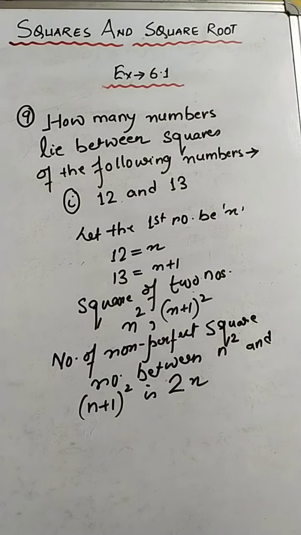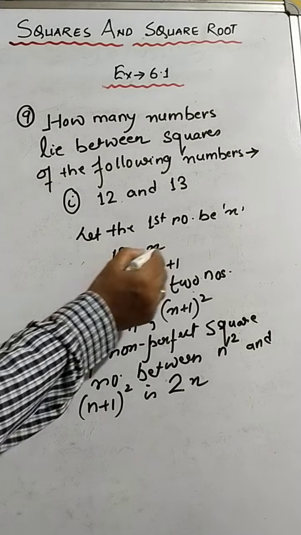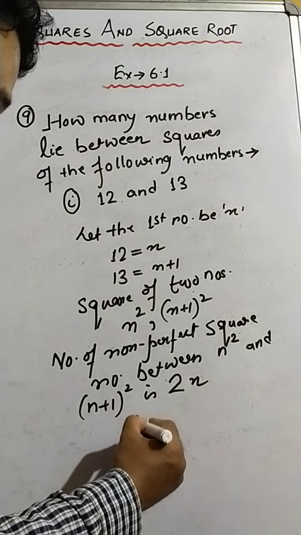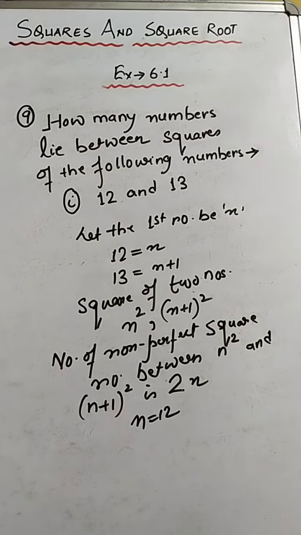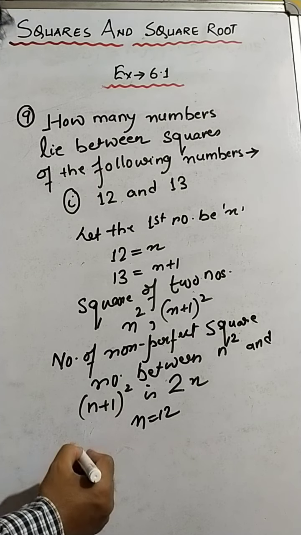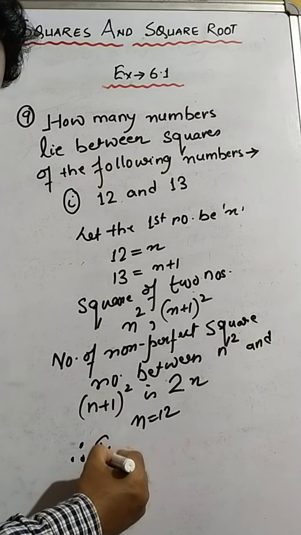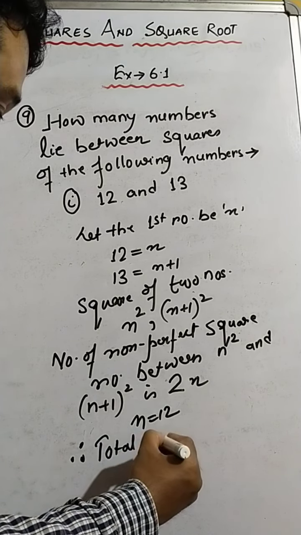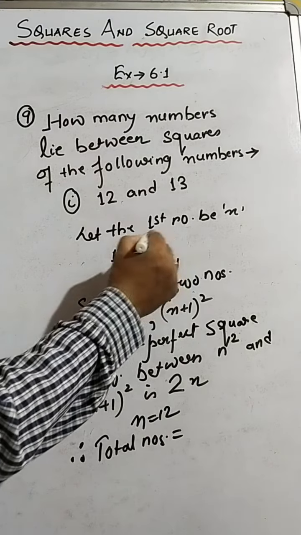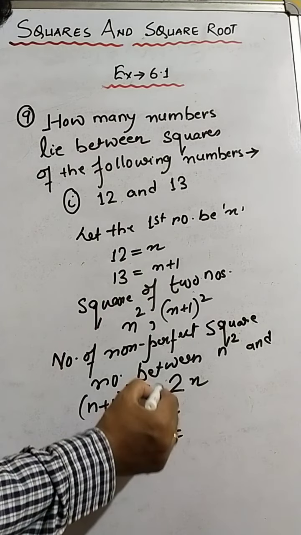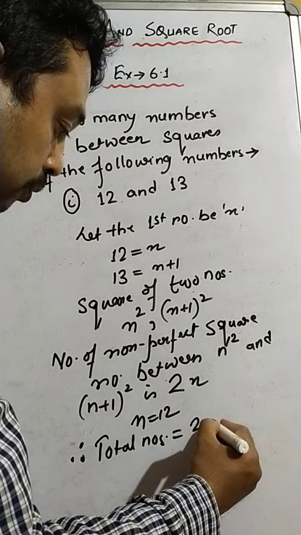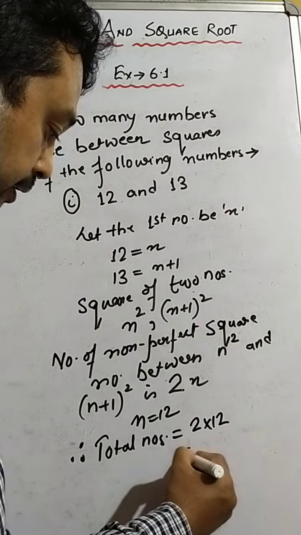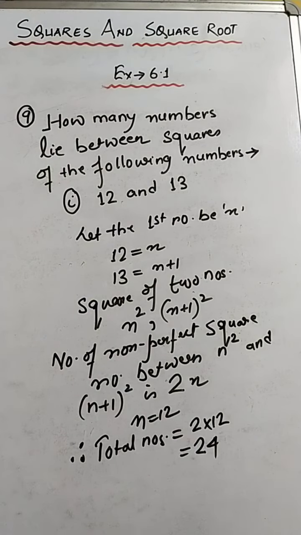So if it is 2n, students, what is n? We know that n is equal to 12, isn't it? So therefore total numbers will be what? N is 12, and the formula is 2n. So 2 into 12. You see, so easily we get the answer, that is 24.